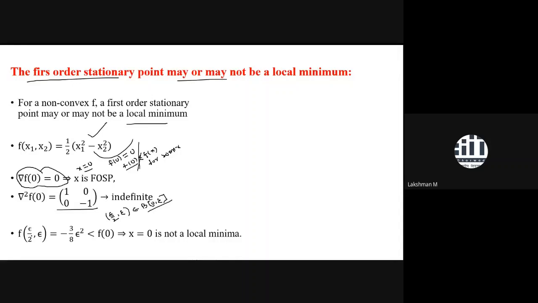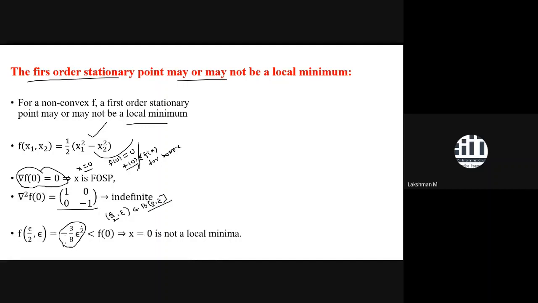So try to calculate the value of f at this point, epsilon by 2 and epsilon. If you substitute x1 equal to epsilon by 2 and x2 equal to epsilon, then after simplification, this function takes the value minus 3 by 8 epsilon square. Epsilon is a positive number, epsilon square is also positive, but here we have a negative sign, so it is a negative number.